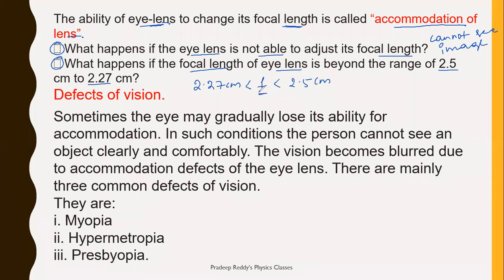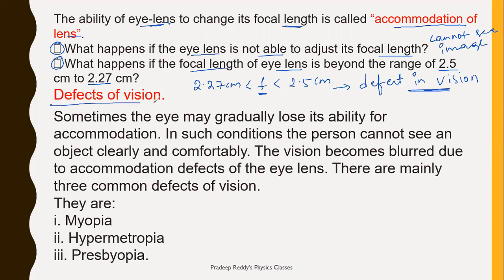That means if a focal length is less than 2.27 centimeter or greater than 2.5 centimeter, you will have a defect in vision. If the range of focal length adjusted by the ciliary muscle is crossed, you will have a defect in the vision, right?